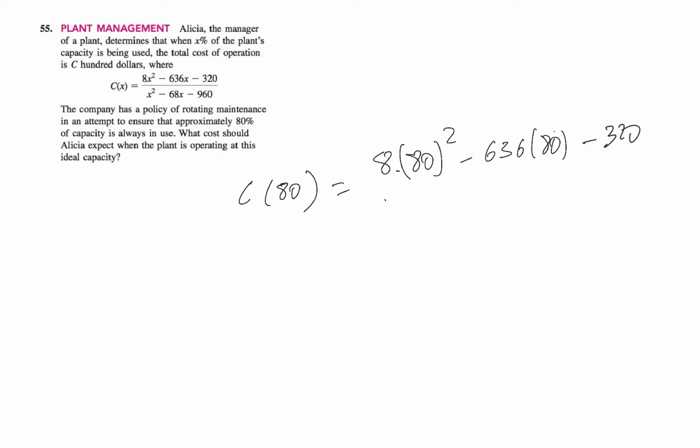So you do the numbers and you will find the cost that the factory will have when it is producing only 80%. If the factory is producing at 100%, this cost should be smaller, I suppose. Okay, those are the two problems for section 1.5.